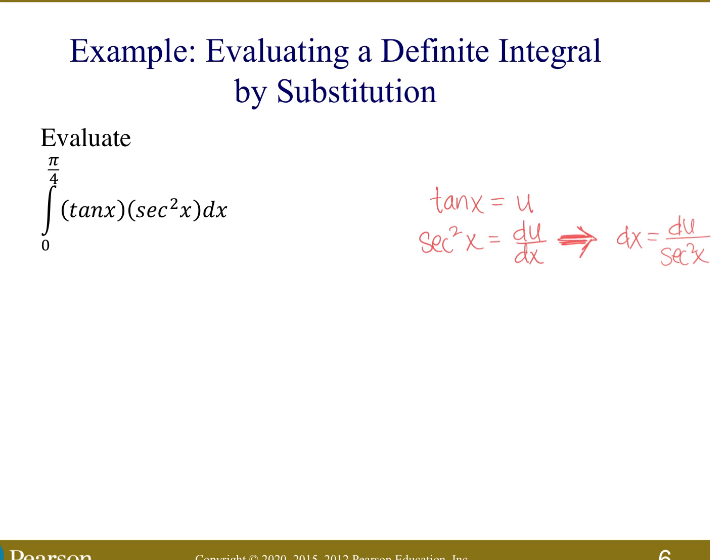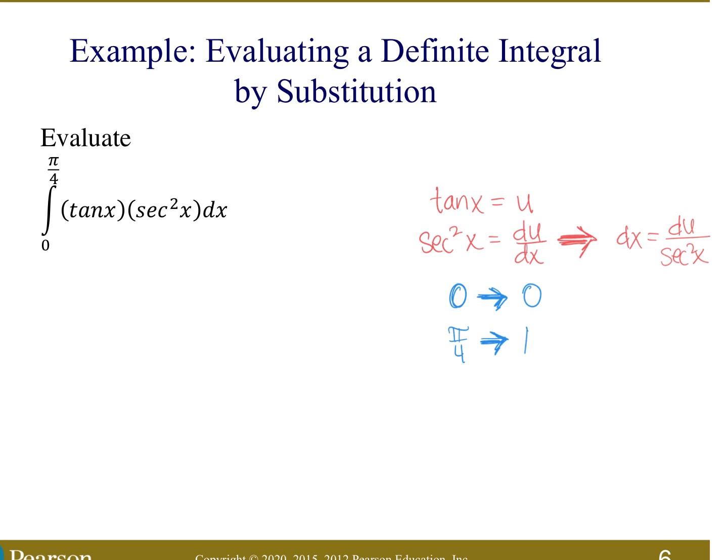I also want to take the time to convert my bounds. So 0 is going to convert to, I'll take 0 and plug it in for x in the original u substitution, and that still gives me 0 since the tangent of 0 is 0. But pi fourths, if I plug that into the x position, what will that give me as a new upper bound? 1.